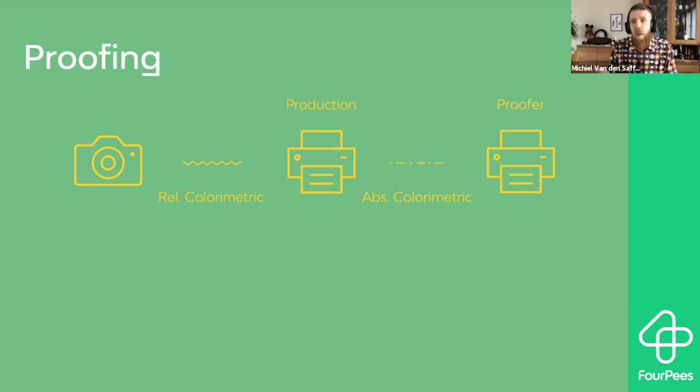Absolute colorimetric will also simulate the white points of the previous color space. So it will simulate whatever the color white would be for my paper on my production and try to create that color on my proofer, which means that it's going to add some yellow to my print when there is no ink normally there, so you have the simulated paper color. That's a typical workflow that we would see.